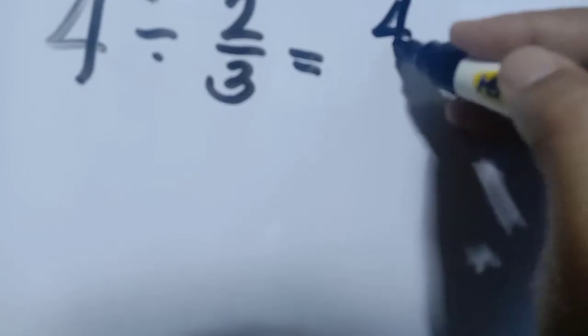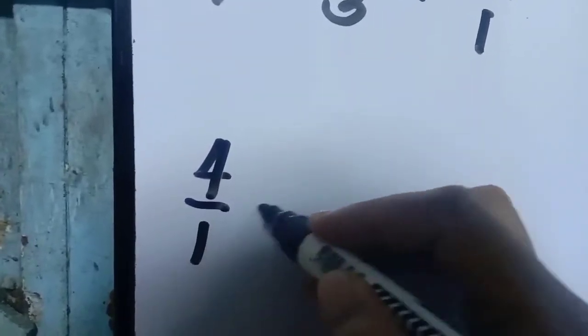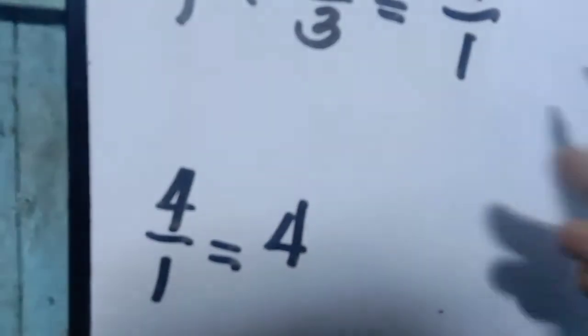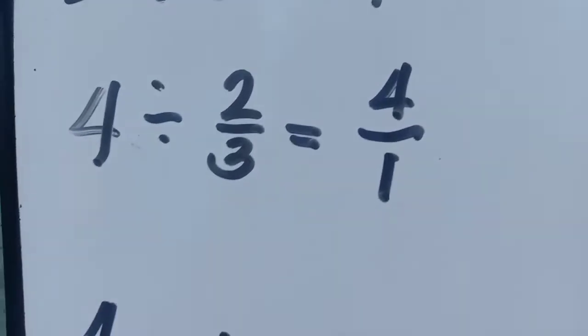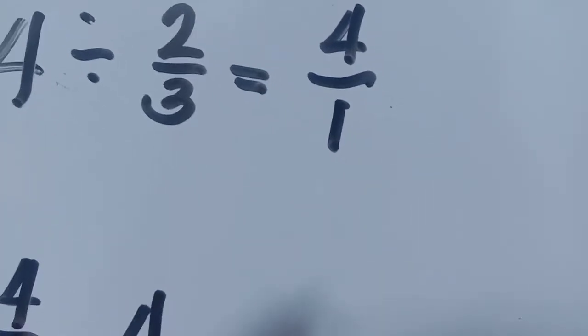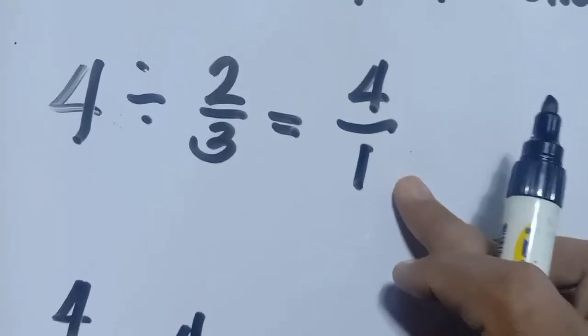Idadagdagan lang natin siya ng 1 as the denominator. Because 4 over 1 is equals to 4. Okay, so, kapag whole number ang i-divide natin sa fraction, we will just add 1 as the denominator.